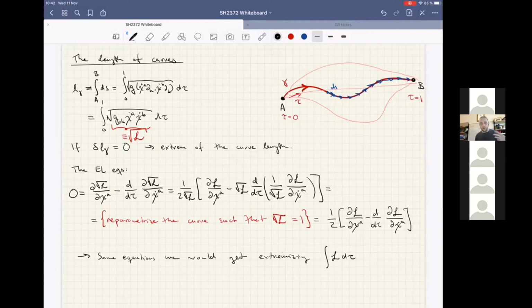So having L itself rather than the square root of L in the integral. So this is actually a much nicer expression to handle just because it doesn't have the square root. Questions?